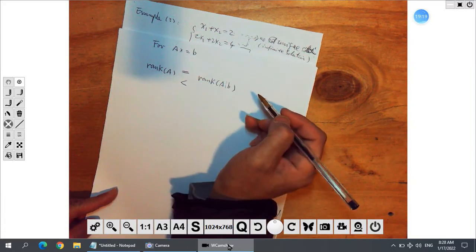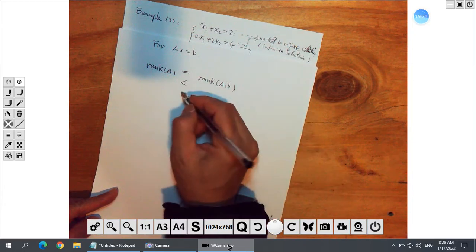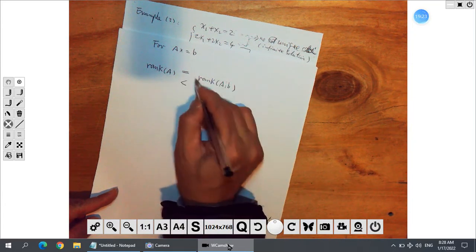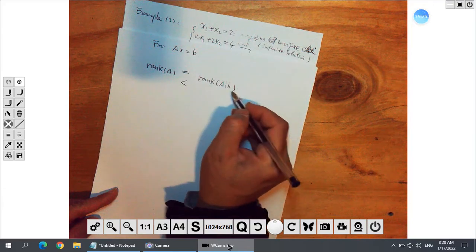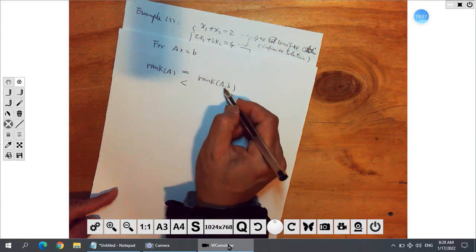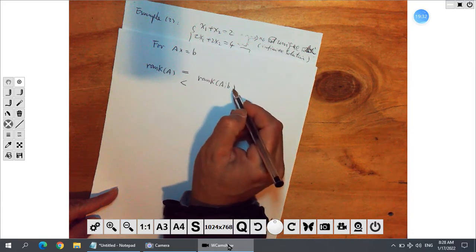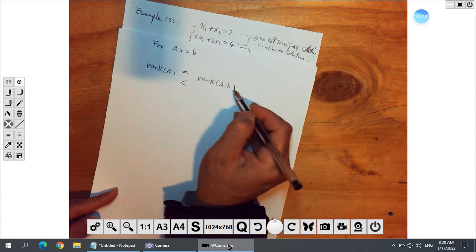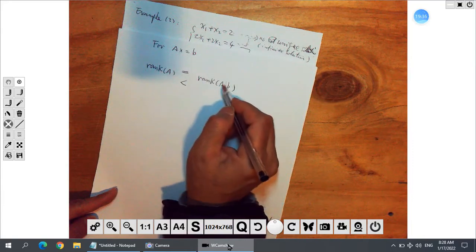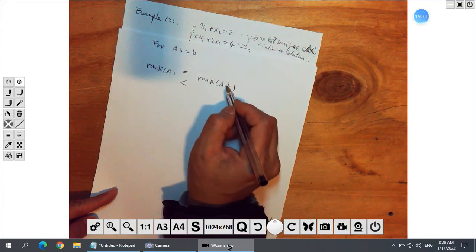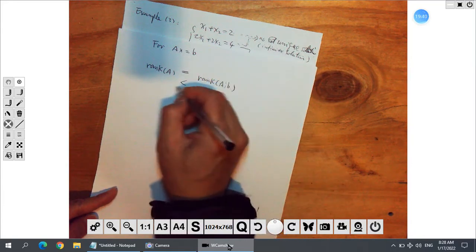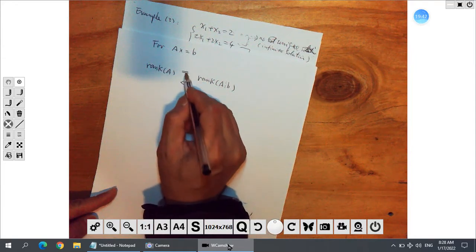We have 2 cases. Can we have the case where rank of A is larger than this part? No, because you already have A. So A is a part of this matrix. So the rank of A can only be smaller than or equal to the rank of AB, it cannot be larger. So this is smaller or equal. We have 2 cases.